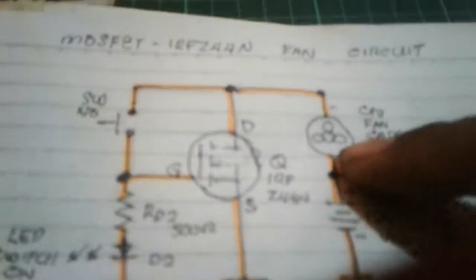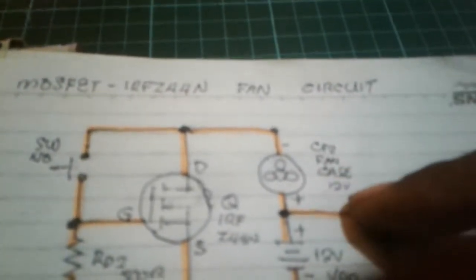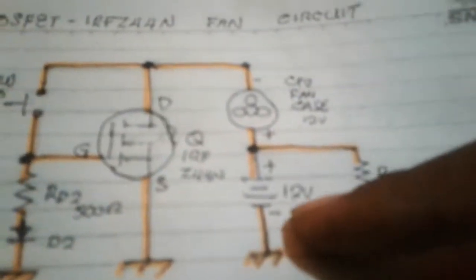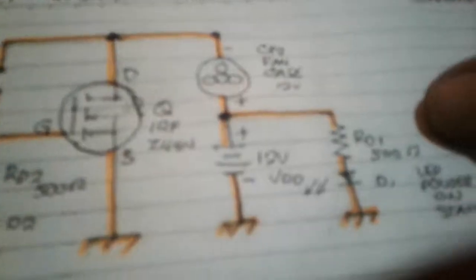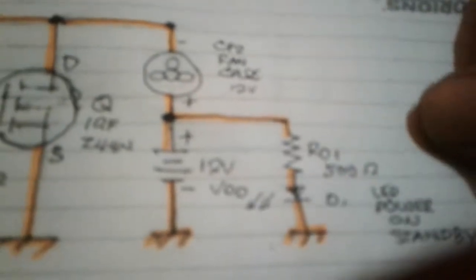We have the Mosfet here, and we have the fan, that is a CPU fan case, 12 volts. We have the power supply, 12 volts, and we have an LED power on standby, this one.